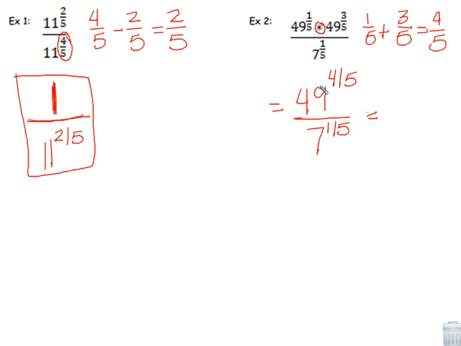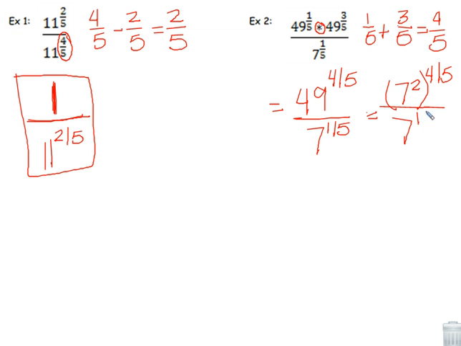Is there a way that I can turn 49 into a base of 7? I can rewrite 49 as 7 squared. After all, 7 squared, 7 times 7 is 49. So all I'm doing right here is rewriting this bigger base. I can turn 49 into 7 squared because they mean the same thing. But I still have a power of 4/5.